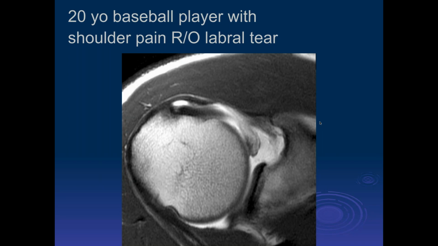Okay, next case. Thomas, what do you think of this case? A 20-year-old baseball player with shoulder pain, evaluated for a labral tear. So we have an axial view, fairly superior on the glenoid. I'm not getting a good view of the anterior labrum.